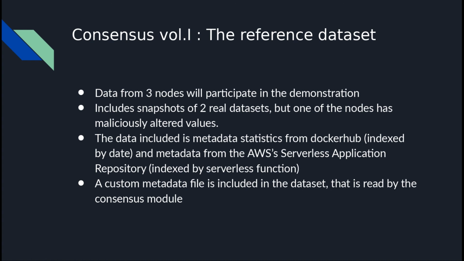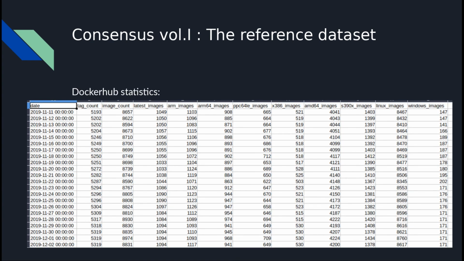So what you see in the following is that we have 3 nodes participating in a federation. One of them has maliciously altered values. We would like to figure that out. So these are the characteristics we have recorded. Those are the ones you just saw in one particular snapshot.